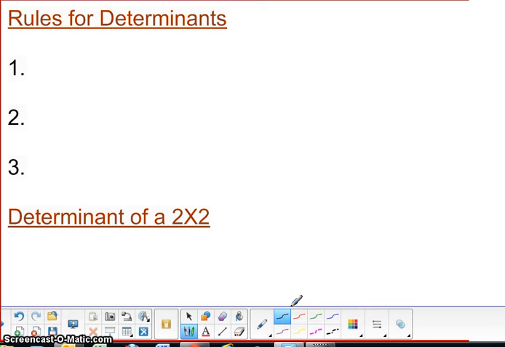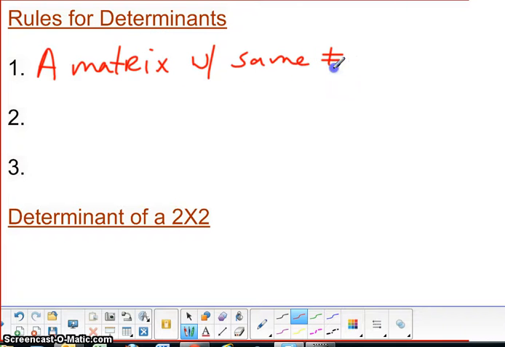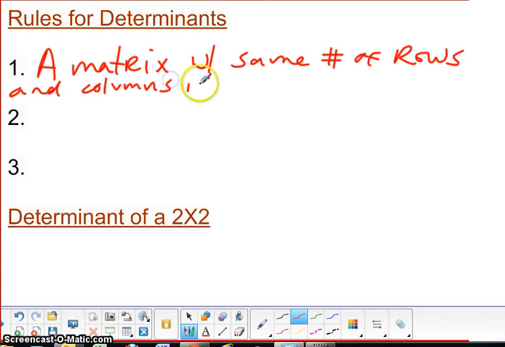Let's first start with determining what an actual determinant is. The rules for determinants: a matrix with the same number of rows and columns is called a square matrix.